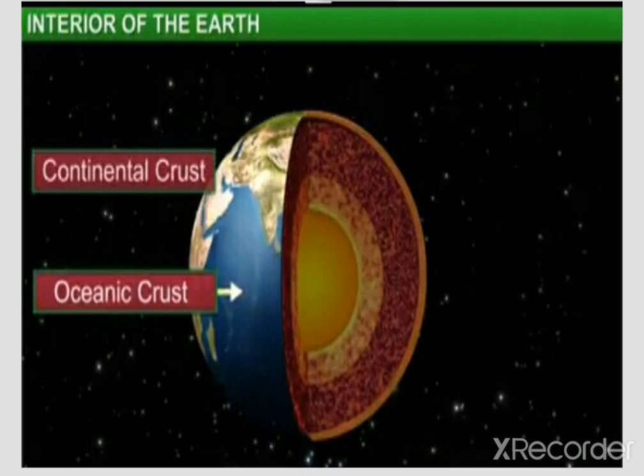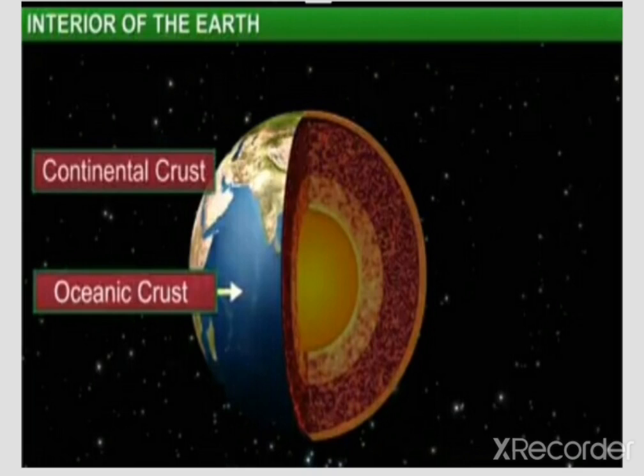This way we come to know that the thickness of the crust is not the same everywhere. Under the mountain it is 40 kilometers, meaning it is more under the mountain, and only 10 kilometers under the ocean, meaning it is less under the ocean. But the average thickness is 30 to 35 kilometers.